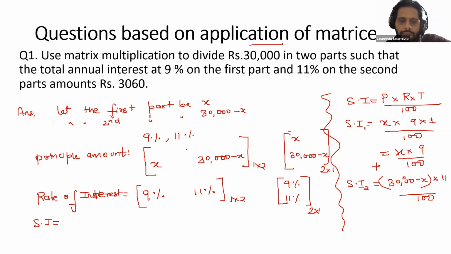So for the principal amount, we can select this one or this one. For the rate of interest, we can select this. We have to multiply them. Principal into rate, if you multiply, then we will get this expression. Now any idea?